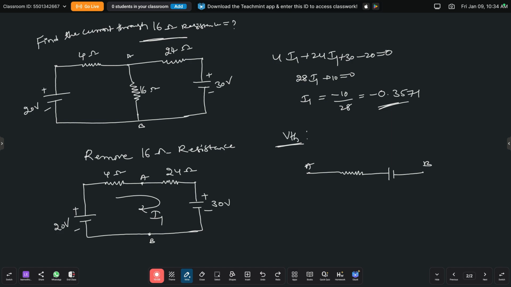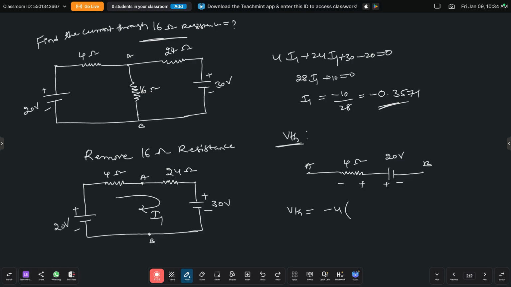So here, what is the value of this resistance? This is the 4 ohm resistance, and this is the 20 volts. So this is minus plus, plus minus. Here also you apply the same mesh analysis. Then we get Vthevenin. So here Vthevenin is equal to minus 4. This 4 ohm resistance is linked with loop 1.